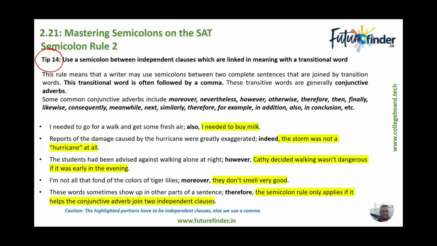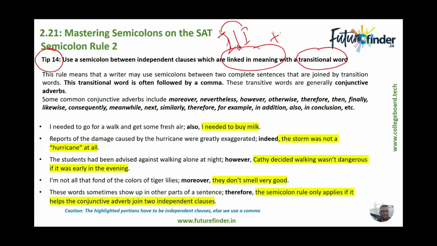Semicolon rule number 2 says that whenever two independent clauses are connected with a transitional word, they are linked in meaning with a transitional word. So what is a transitional word? One that shows the relationship between these two independent clauses.